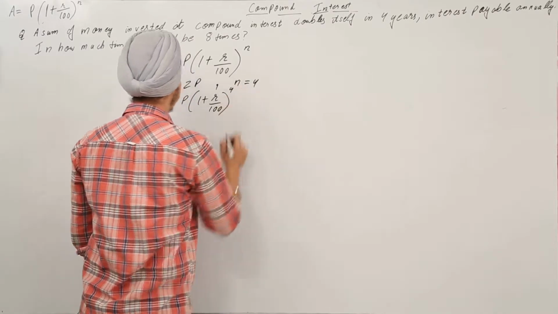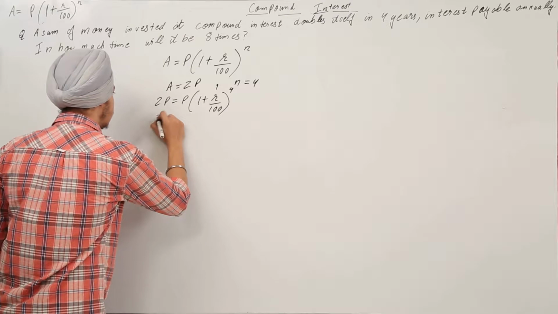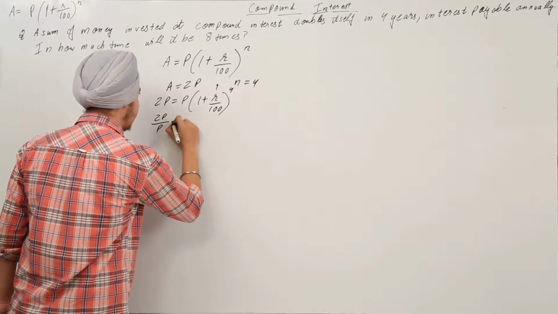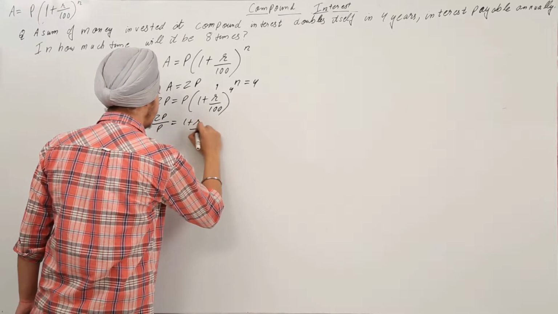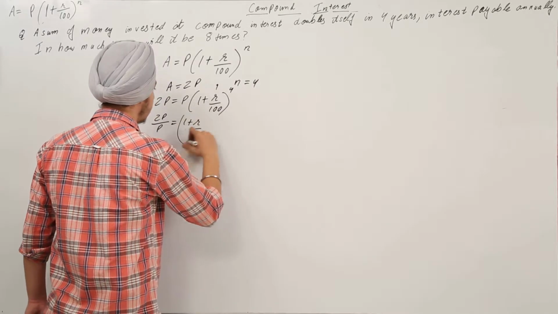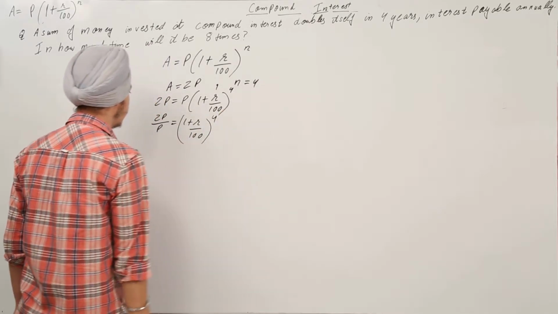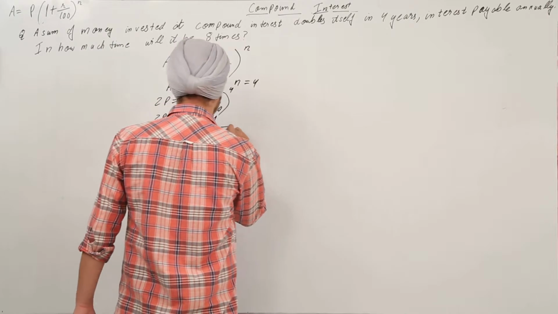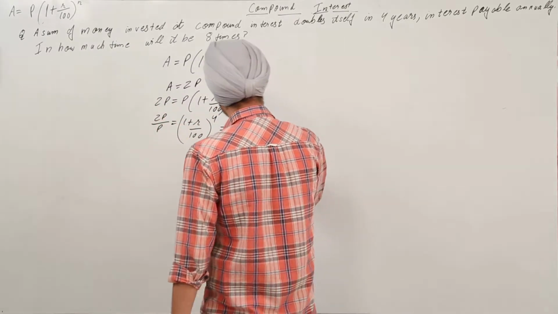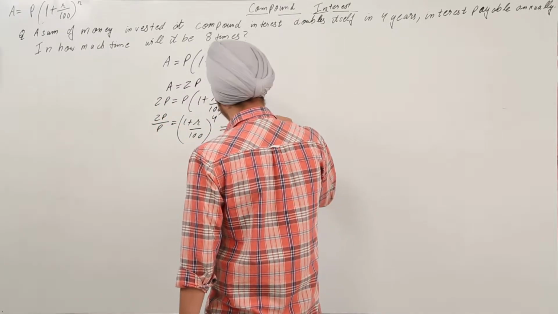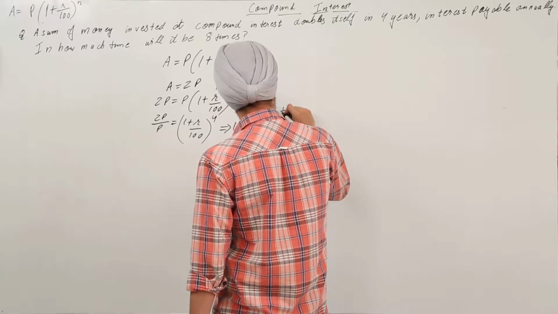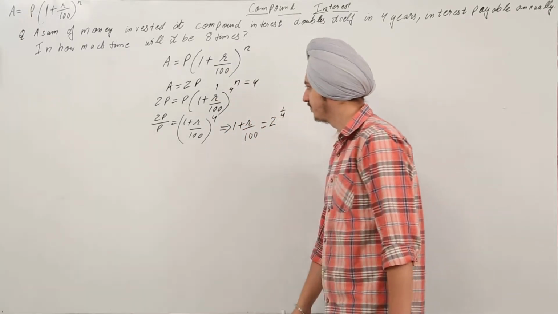So we have 2P upon P is equal to (1 plus R upon 100) raised to power 4, which gives 1 plus R upon 100 is equal to 2 raised to power 1 by 4.